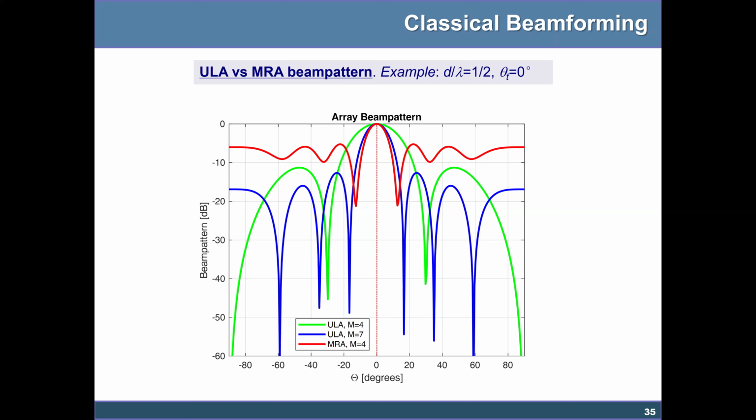What is important to understand is that there is a trade-off here, and it's always a trade-off. So you have to pay something. If you achieve the same resolution with fewer sensors, no way, you have to pay something. And what you have to pay is in terms of side lobes.